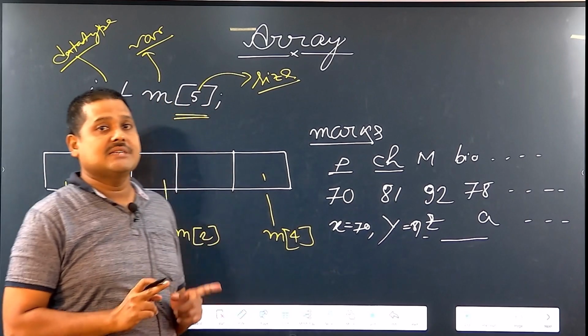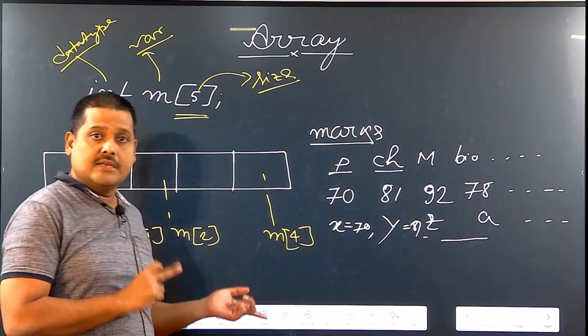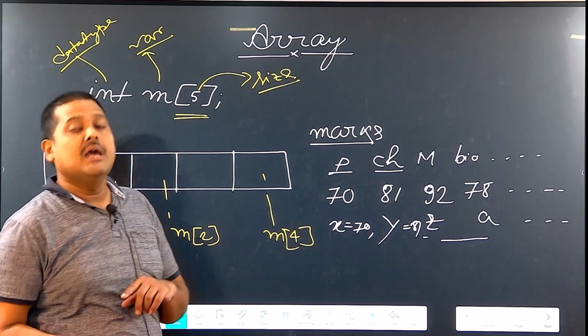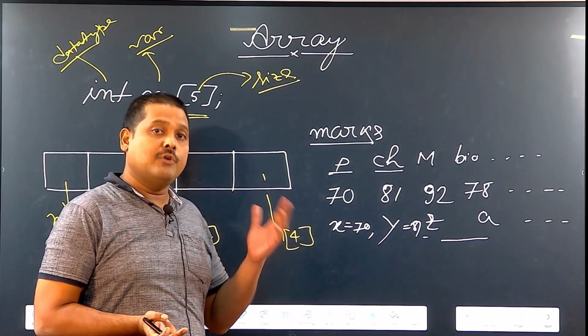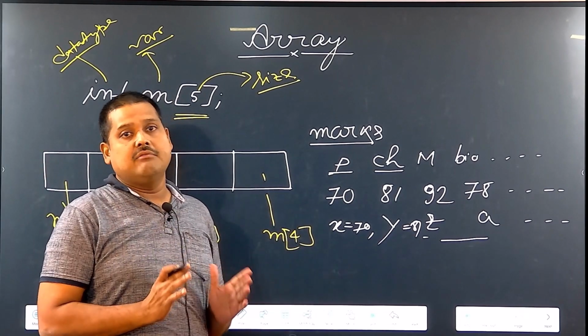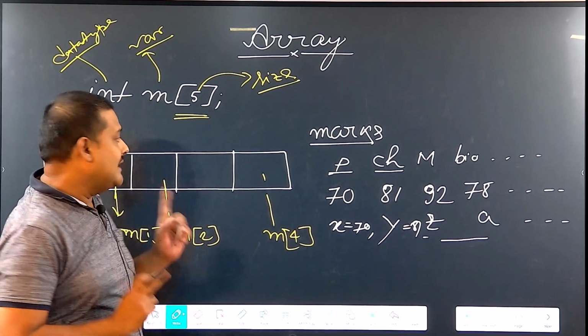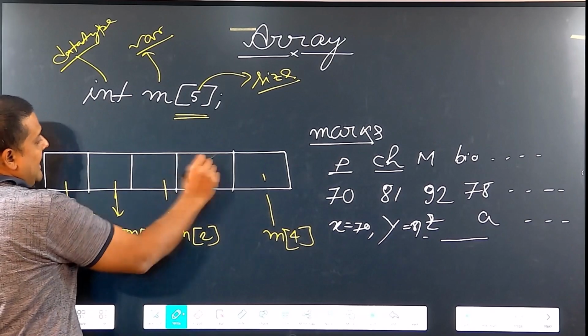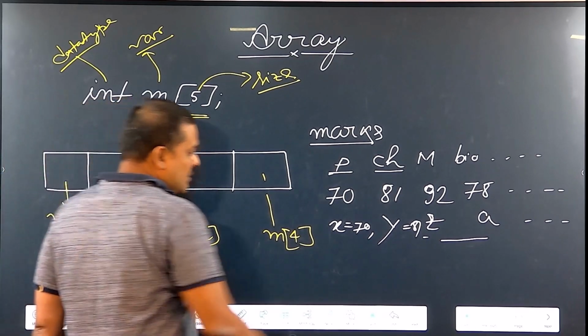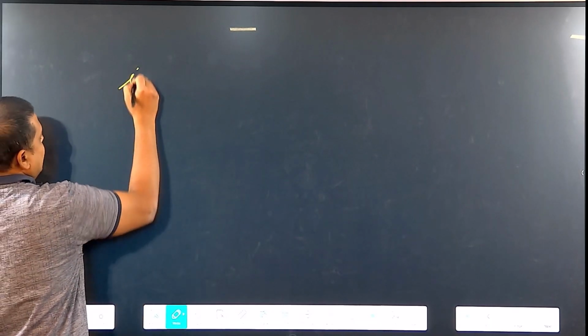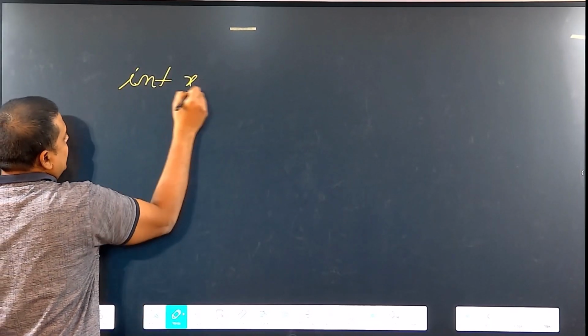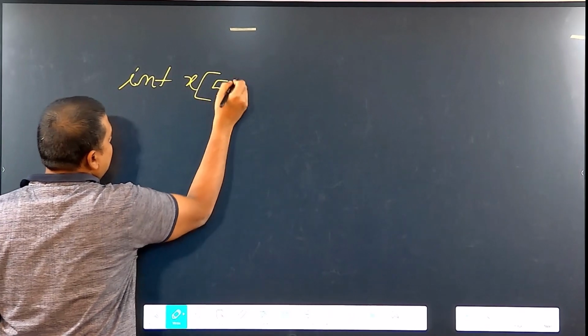That means similar means either all of them can be integer, or all of them can be character, or all of them can be floating point, जो भी डेटा टाइप हो, बट सबका वैल्यू डेटा टाइप एक ही होना चाहिए। Then only we can have the allocation like this way. So in case of an array variable, if I write int x of 5, then what will happen?